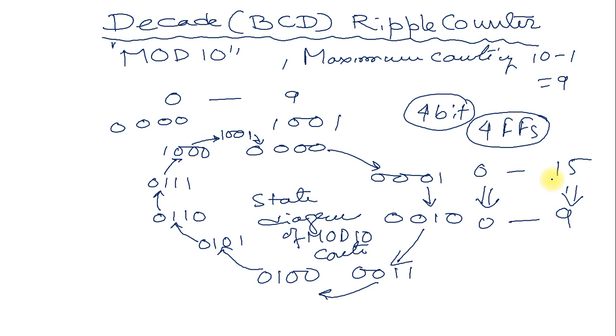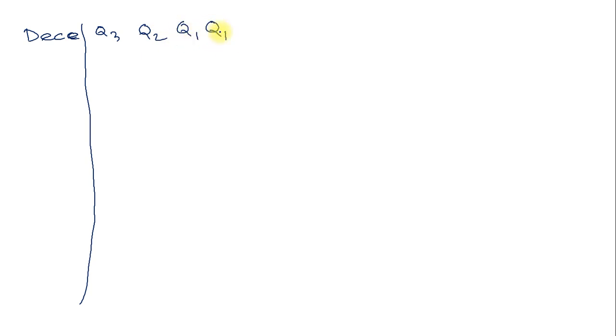Before deriving the combinational logic, we should write the truth table of this counter so that it is easy for us. First the decimal equivalent, then the 4 flip flops. 4 flip flops means 4 outputs, so Q3, Q2, Q1 and Q0. And clear.